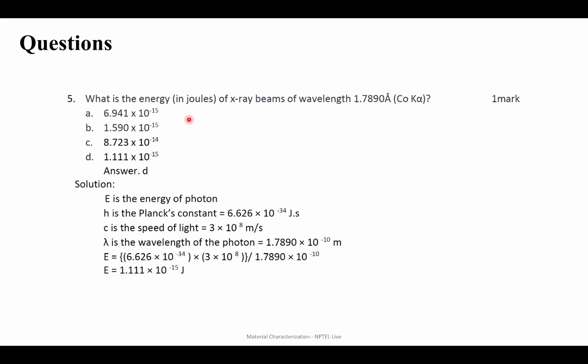So the answer would be D. You just have to use the formula E equals h nu, that is hc by lambda. If you put in all the values, you will get E equals 1.11 into 10 power minus 15 joules.